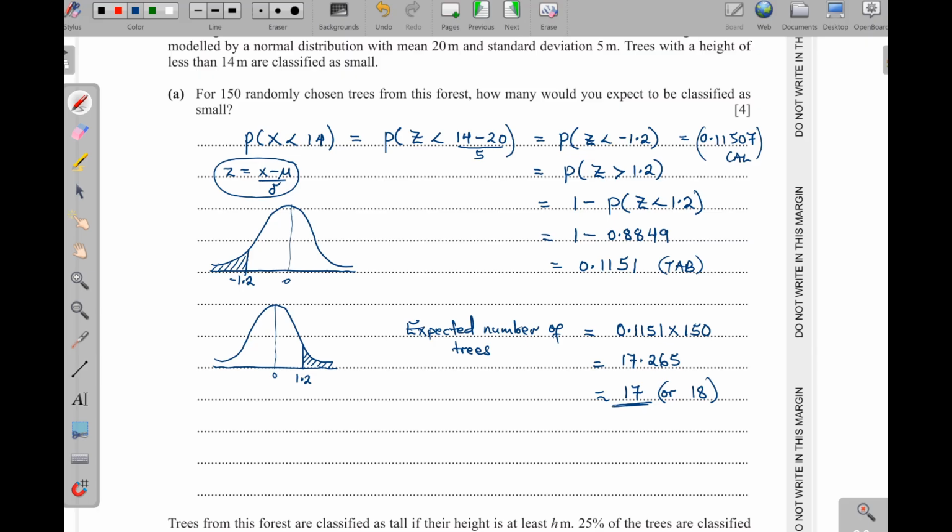But you cannot have 0.265 as a tree. So you can either say 17 or 18, but in the exam, don't write like this. Just pick one. And I recommend you always take the full one, the smaller one, 17, as simple as that.